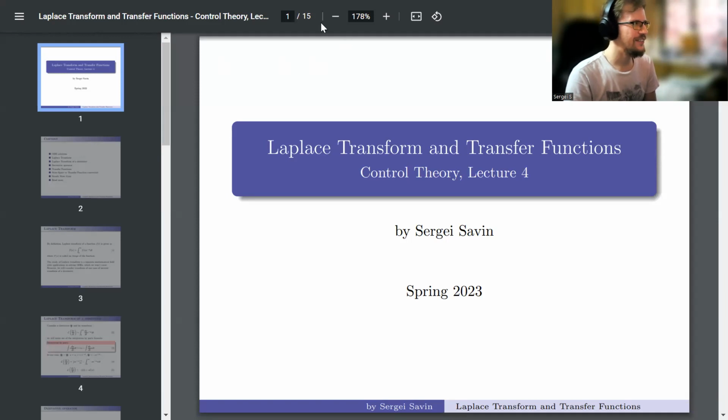So today we are going to go next in our journey through basic control theory. And this time we're going towards one of the historically most important parts of control theory.